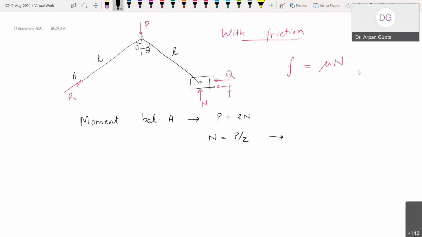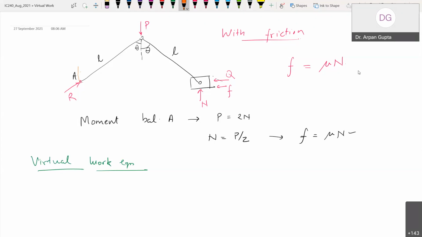So that is just one relationship to get the normal reaction. And once normal reaction is known, the friction force F is equal to mu times N, and that we know. Now writing the virtual work equation. So now here comes the interesting part.